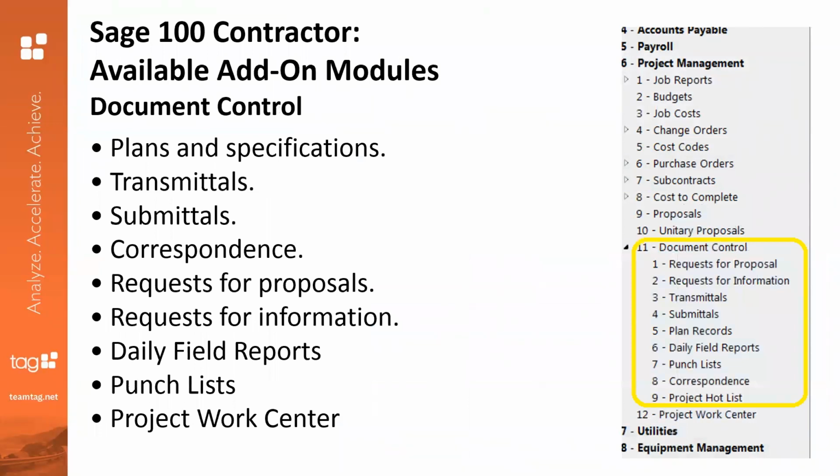Okay. So document control is a small add-on piece to project management. Project management comes standard with the core license, but document control just gives you a little bit more in terms of that project document and compliance.